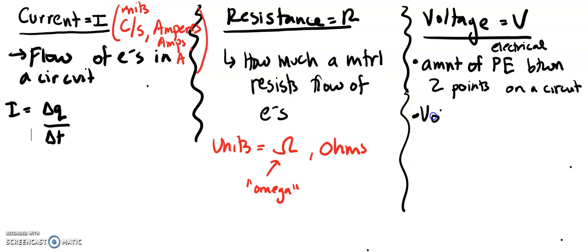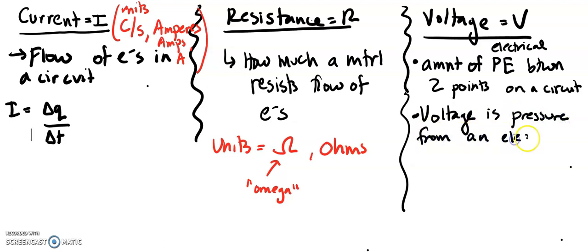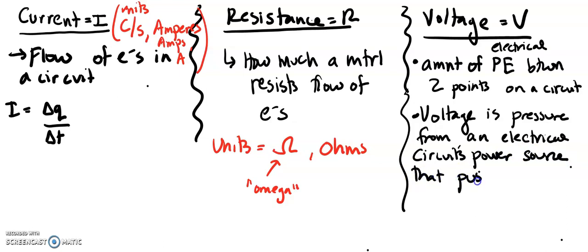So the voltage is the pressure from an electrical circuit's power source that pushes the electrons through a circuit.